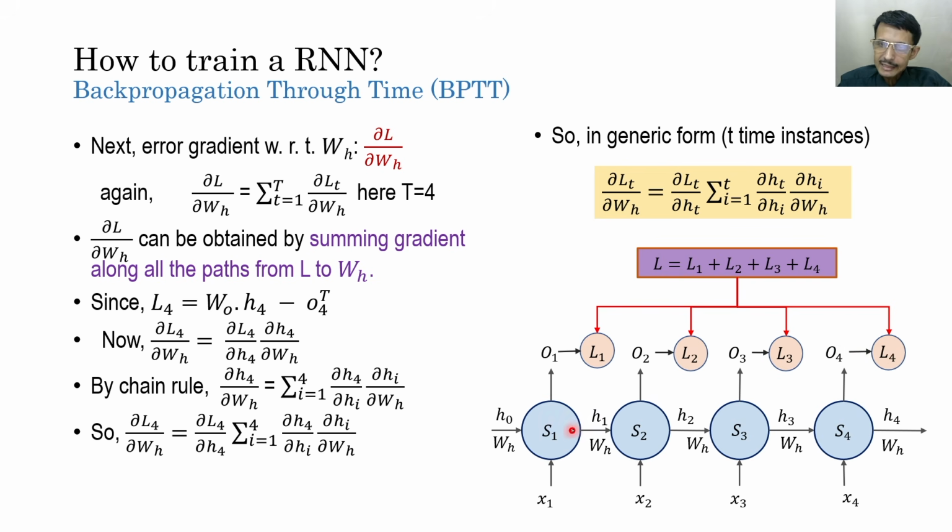So you can see there are two types of error. One is the propagating error, and one is the error coming from that particular state. That is the basic difference from the CNN case, where the error is propagated through from the chain rule.